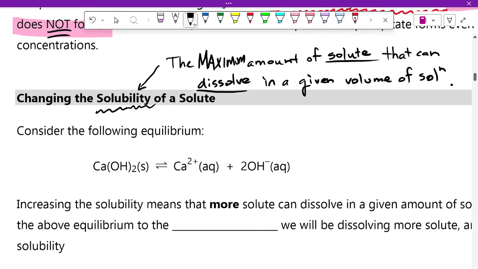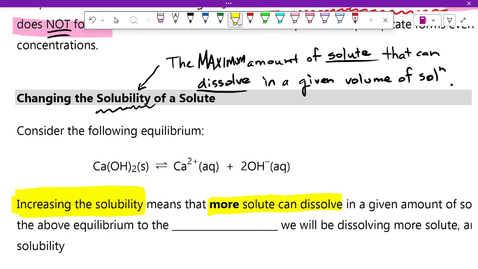Consider the following equilibrium. Calcium hydroxide solid in equilibrium with calcium and 2 hydroxides. If we increase the solubility, does that mean we can dissolve more or we can dissolve less? If we increase the solubility, we can dissolve more.